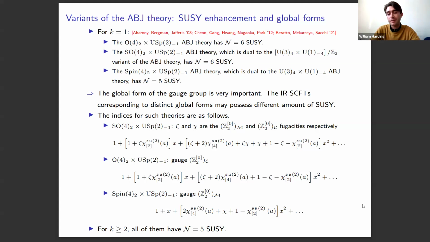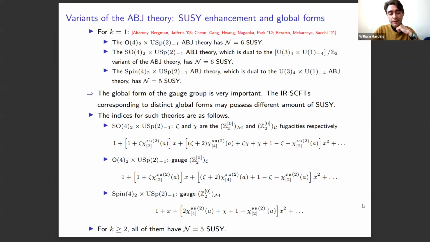And if you remember, this is the necessary condition to have n equal to 5 SUSY. So the lesson of this slide is that gauging discrete symmetries and considering different global forms is something which should be done and is not just a negligible part of this story.